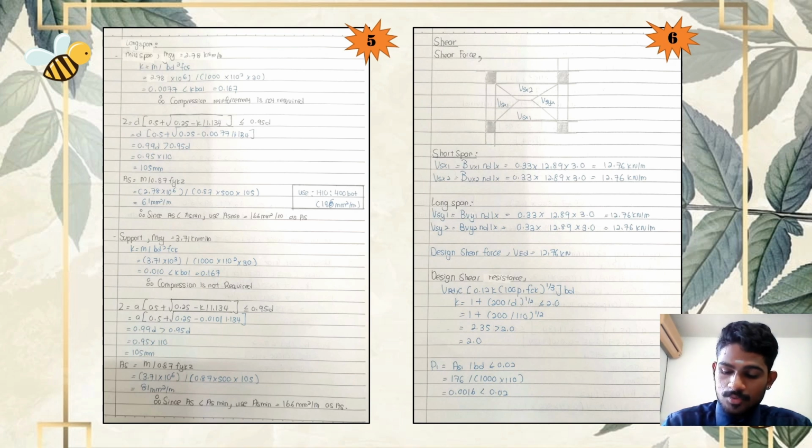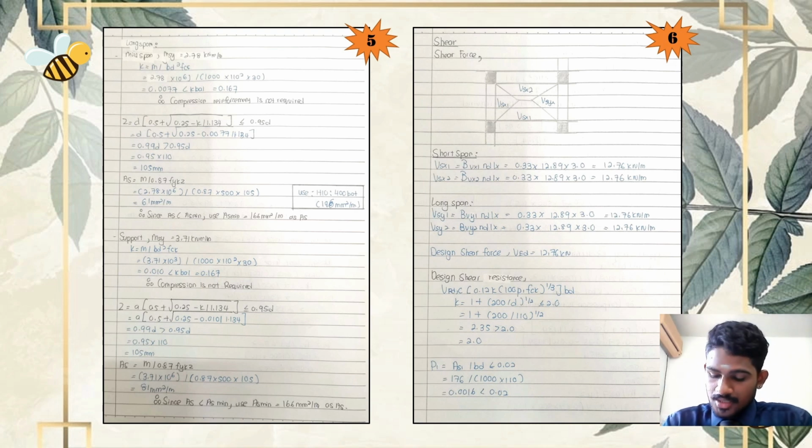MSY equal to 3.71. The K value that we get is 0.010, which is less than the original K balance 0.167. So the compression is not required, because the K that we get, 0.010, is less than the original K balance value 0.167.